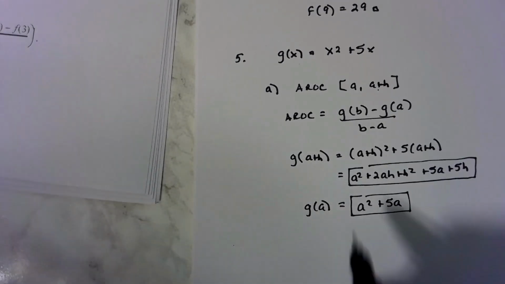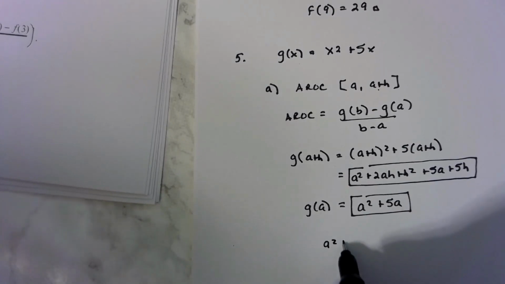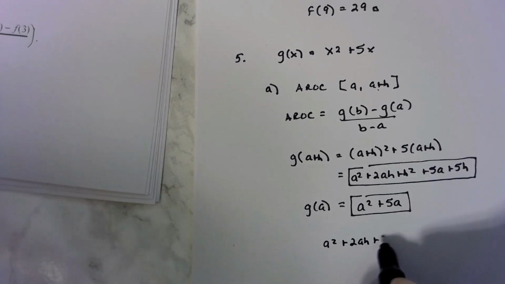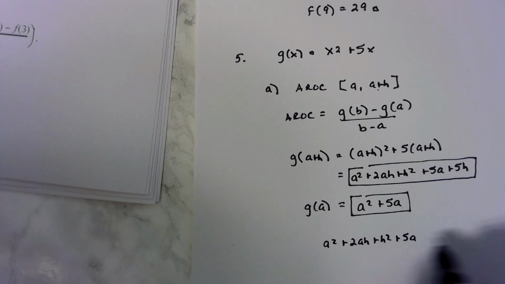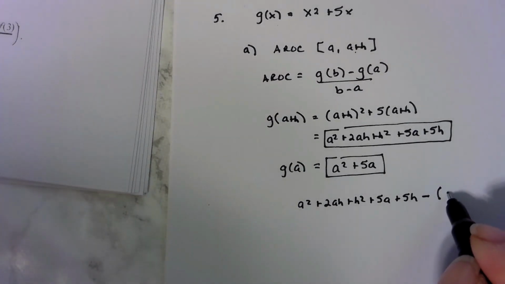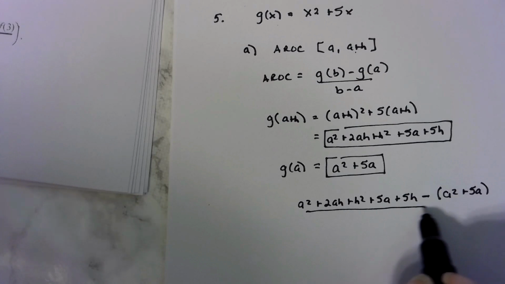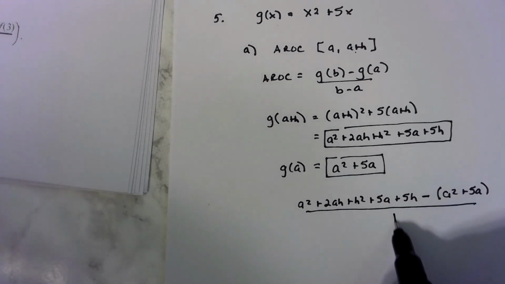So, using the formula, I'm going to have a squared plus 2ah plus h squared plus 5a plus 5h, minus g of a. So I'm putting parentheses so I don't forget to distribute properly, all over h, right?